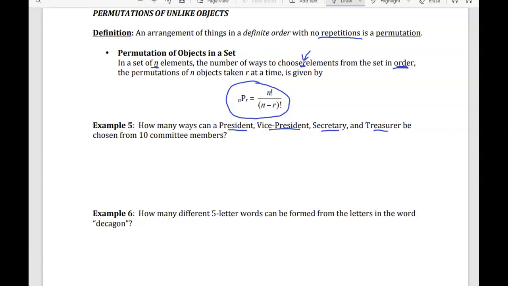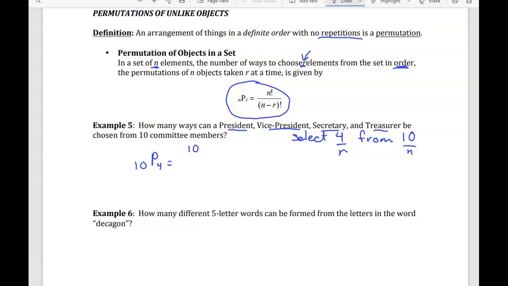So we're selecting 4 from our 10. So this is our n, and this is our r. So we have 10Pr, 10P4.